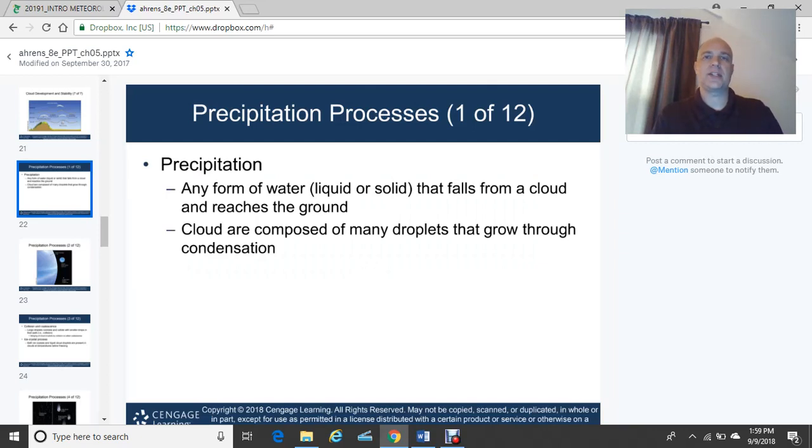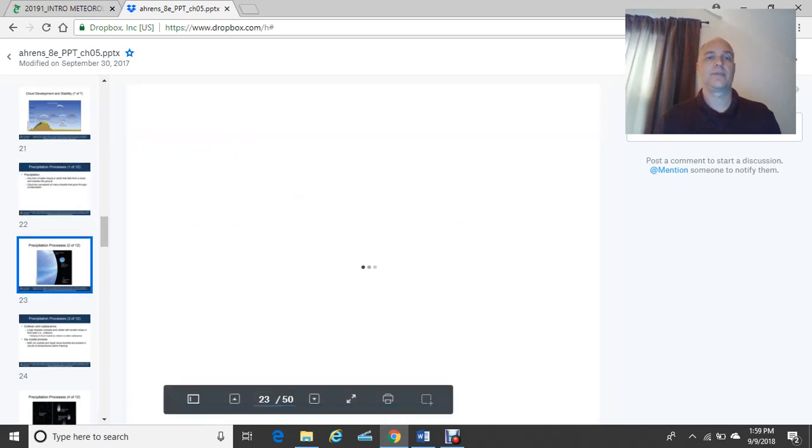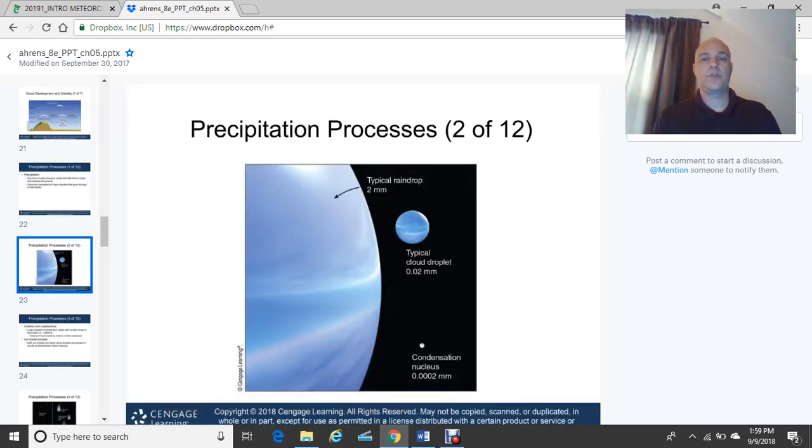Now we're going to get into precipitation and precipitation processes. What is precipitation? It is any form of water, liquid or solid, that falls from a cloud and reaches the ground. And clouds are composed of many droplets that grow through the process of condensation. All right. So this diagram here is showing typical diameters of raindrops, cloud droplets, and then condensation nuclei.